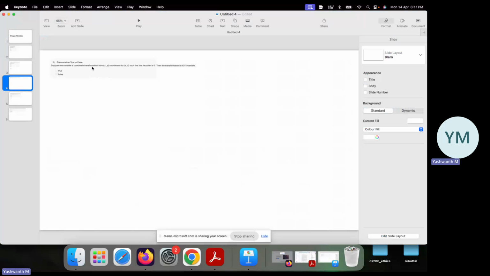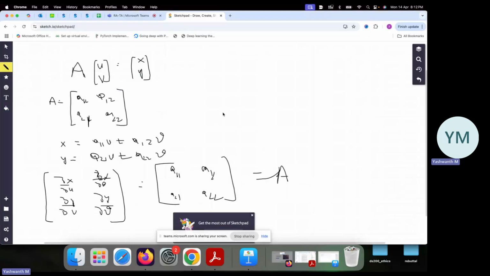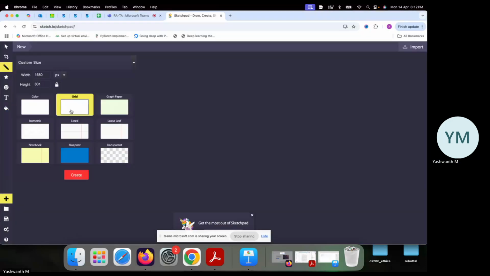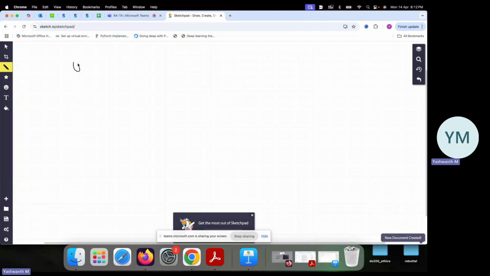So suppose we consider a coordinate transformation from x, y coordinates to u, v such that the Jacobian is 0. Then the transformation is not invertible. And this is true, because let's say there are u and v, and this is transformed to x and y.